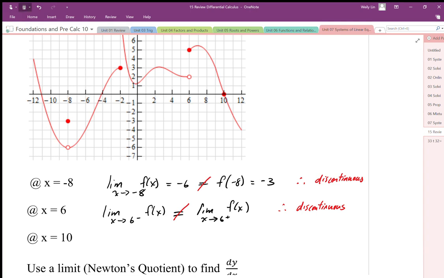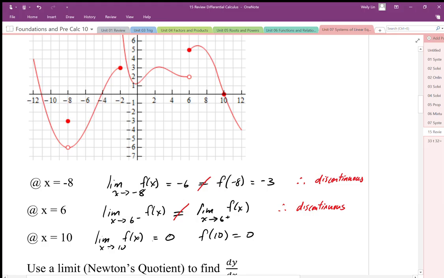At x equals 10, we know that this is continuous. The limit as x goes to 10 from both sides is equal to 0. The value of f of x at x equals 10 is also 0.